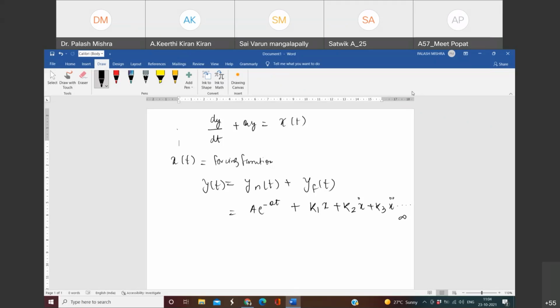Till here we have discussed last time. And then I told you the methods to find all these coefficients, capital A, K1, K2, and K3. How will you find K1, K2, and K3, if anyone remembers?